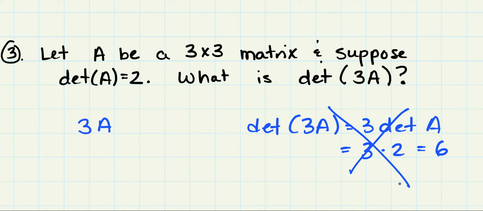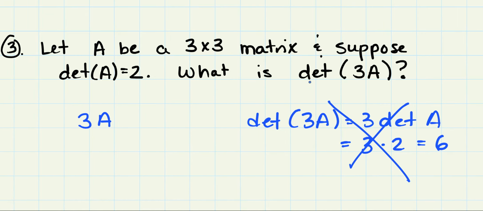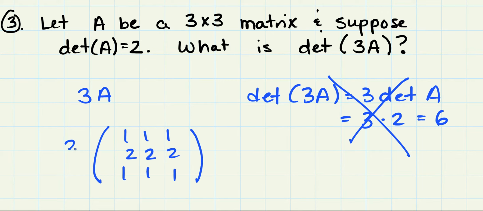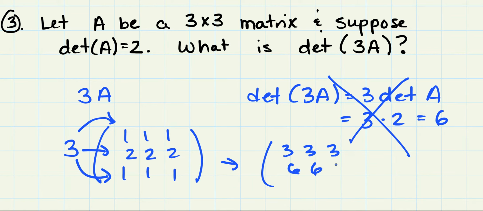Why is it not correct? What happens when you multiply a matrix by 3? So let's say you have the matrix 1, 1, 1, 2, 2, 2, 1, 1, 1. This is just a random matrix, and I multiply it by 3. Well, what's really happening is you're multiplying every single row by 3. So you get 3, 3, 3, 6, 6, 6, 3, 3, 3.